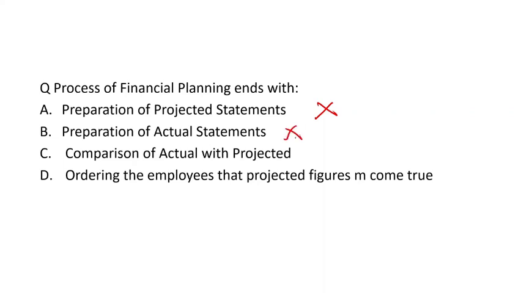So both of these will not be the answer. Then you will order the employees to ensure the projected figures come true, and you will check this. At last, the comparison of actual and projected will be done. So option number C will be the right answer. The financial planning will end with a comparison, or in other words, evaluation.